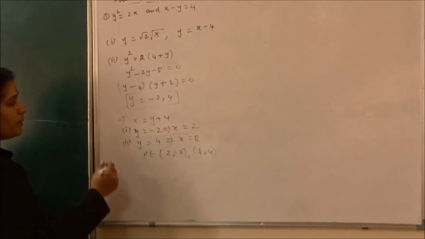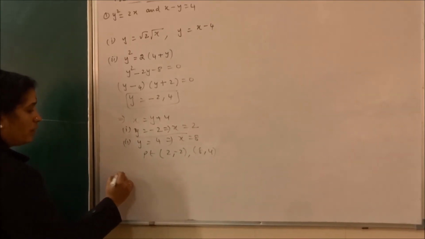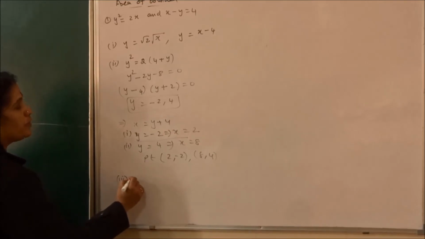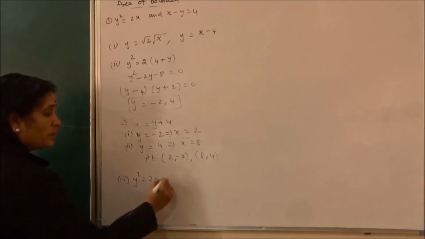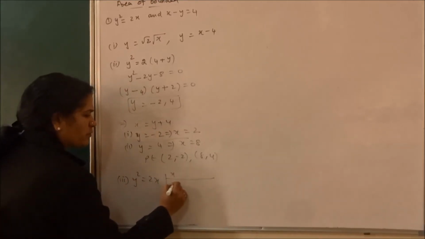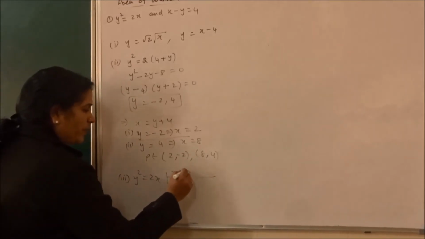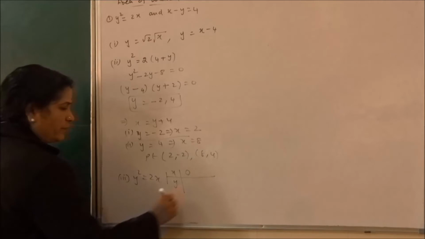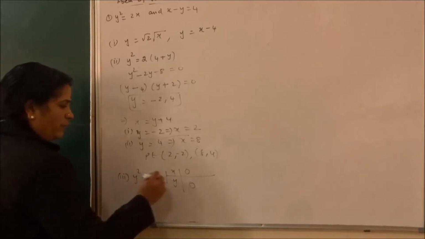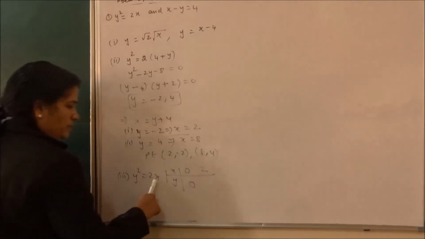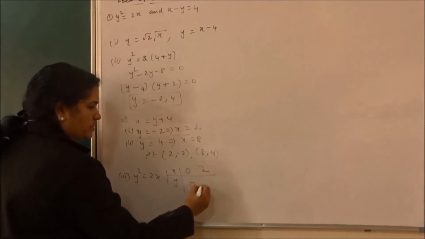Now another step, step number 3. The format is y square equal to 2x. If I make a table of x and y: if x is 0, then y is 0. If I keep x as 2, then y is plus or minus 2.